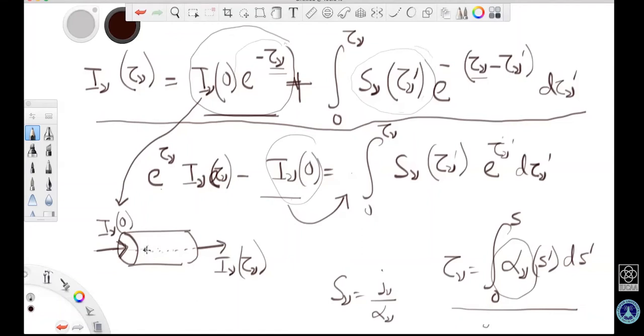But for example, matter here is radiating some extra photons, but that photon will also be absorbed by the rest of the material. Whatever the matter itself is radiating will be absorbed by the rest of the material as the light ray is coming out, and that is what it is doing.